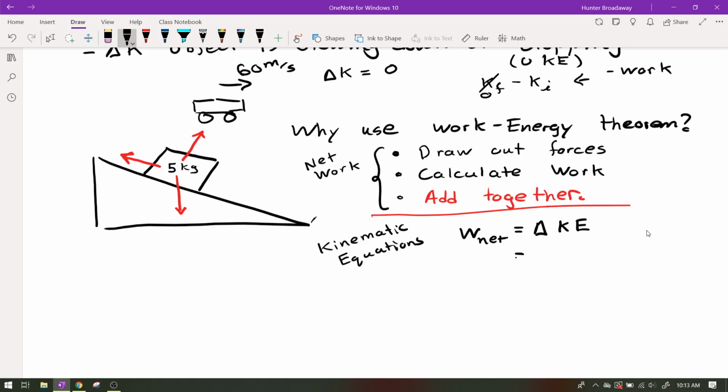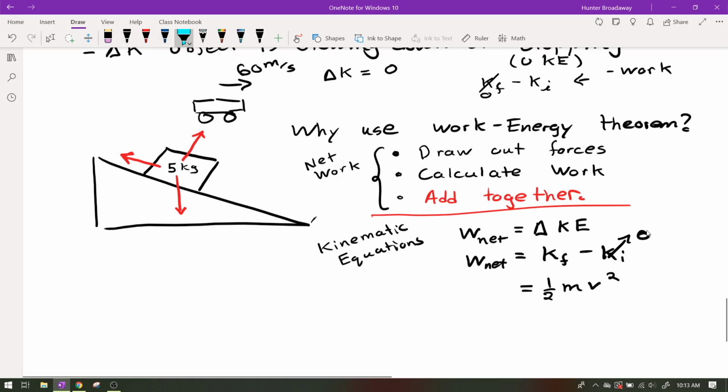In this case, that's the final kinetic energy minus the initial kinetic energy, and the initial kinetic energy just ends up being 0. So the net work done on this object is just equal to the final kinetic energy, which is 1/2 the mass times the velocity of the object squared.